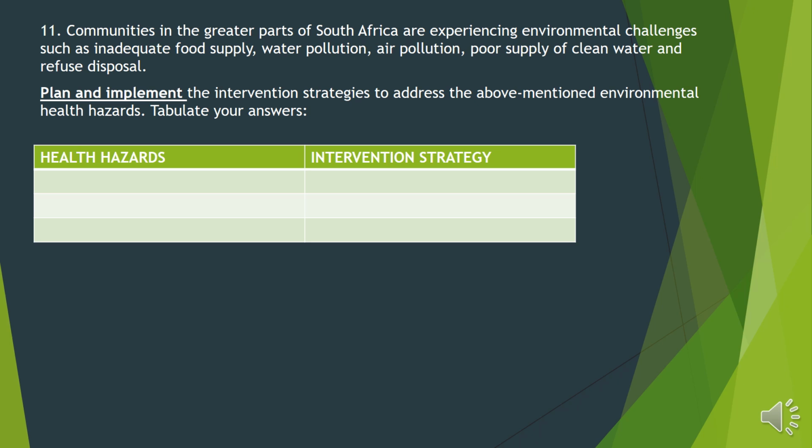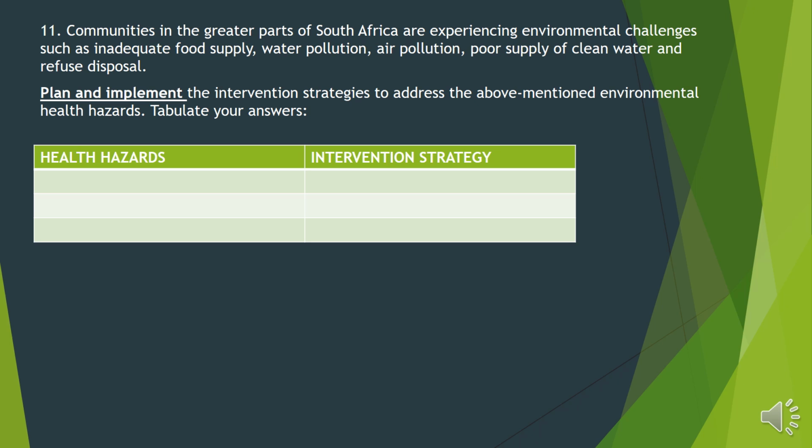This is when you now include the stakeholders related to the problems or determinants of health that have been identified. One of them is the environmental health practitioner. You involve them in the planning and the implementation of these intervention strategies.